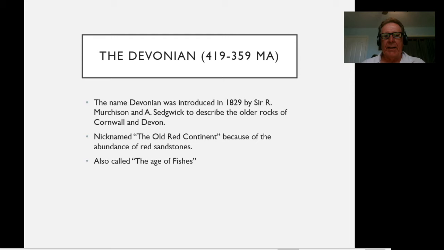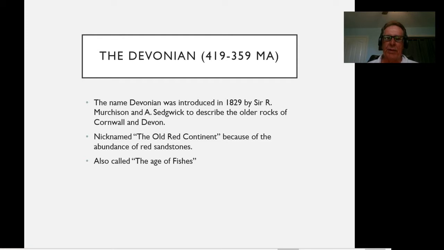The name Devonian itself comes from Devonshire in the UK, and it was introduced in 1829 by Murchison and Sedgwick to describe these older rocks. It was nicknamed the Old Red Continent because, if you recall from last lecture, the Acadian orogeny had started, and that was the collision of Europe with North America.